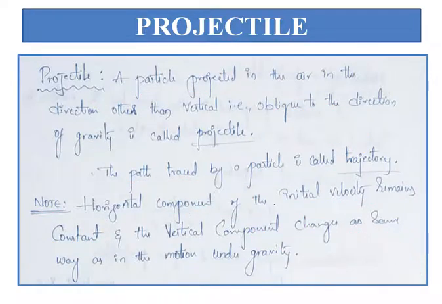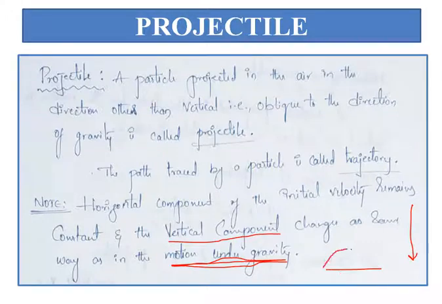The horizontal component of the initial velocity remains constant, and the vertical component changes in the same way as in motion under gravity. In the previous session we saw this motion under gravity, where the vertical component goes on changing from place to place. In the same way, the projectile's vertical component changes with respect to gravity, but the horizontal component never changes; it remains constant. Clear?